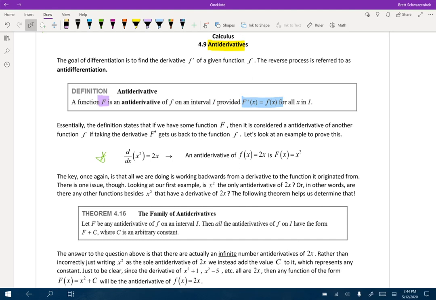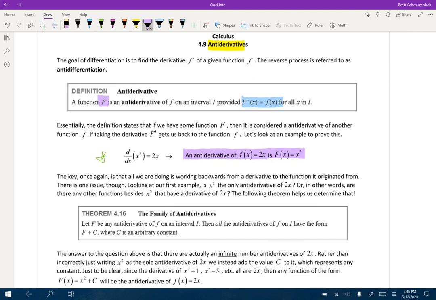We can say that an antiderivative of the function 2x is capital F of x equals x squared. So if we want to get rid of the F notation, we can just say an antiderivative of 2x is x squared. If you think about that for a second, I guess that makes sense.